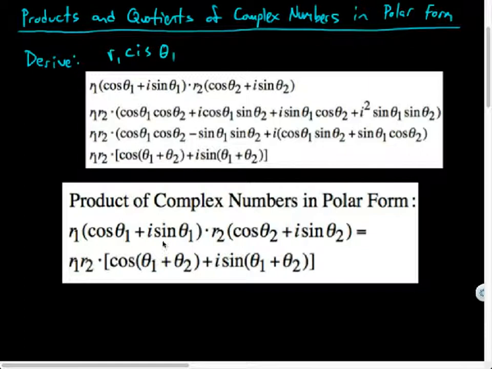And the argument, or the amplitude, is just going to end up being the sum of your angles. So you add the angles and you multiply the moduli, I believe is how I would pluralize that. Let's do an example of this where we find the product, and then we take that product and write it back in rectangular form.